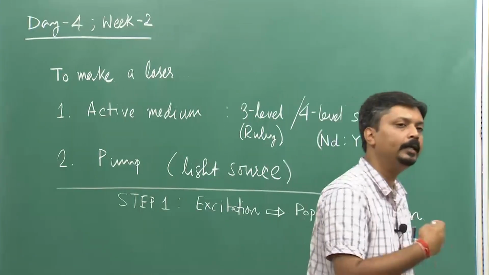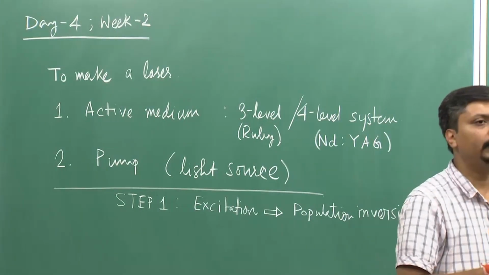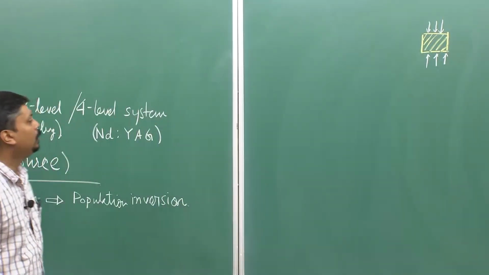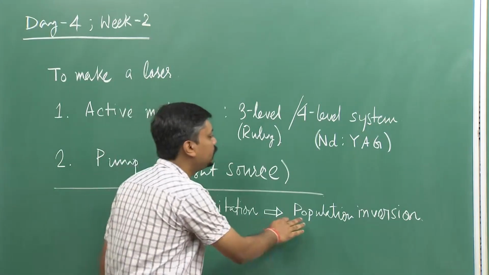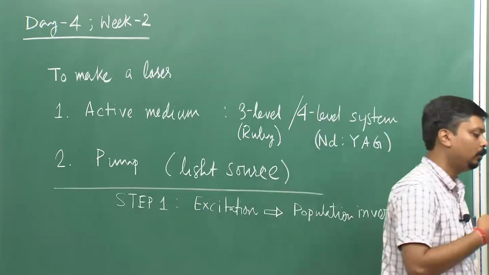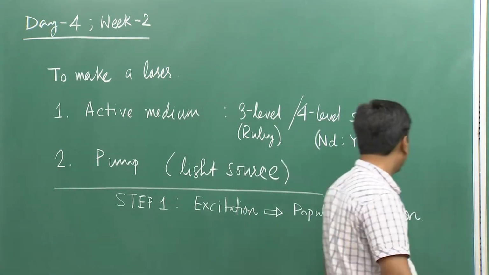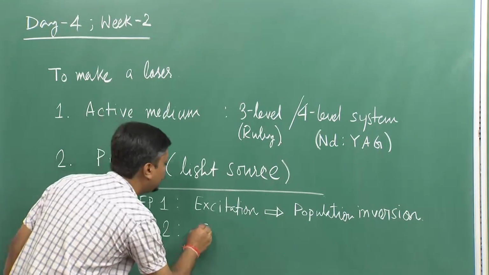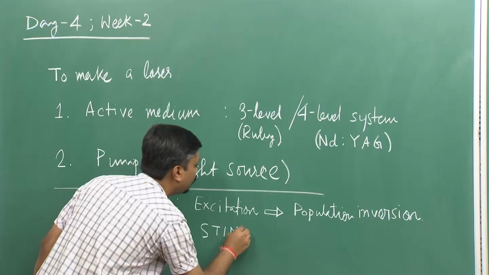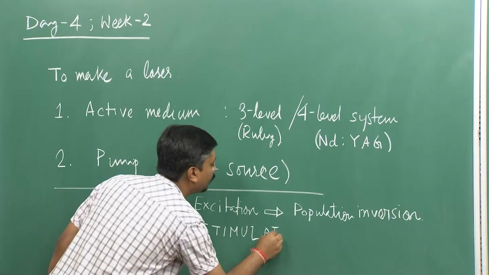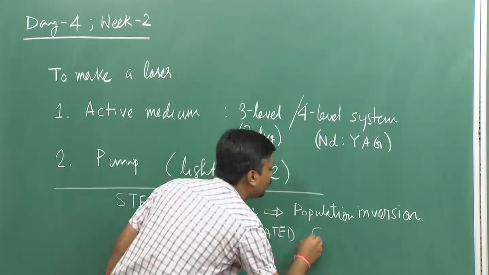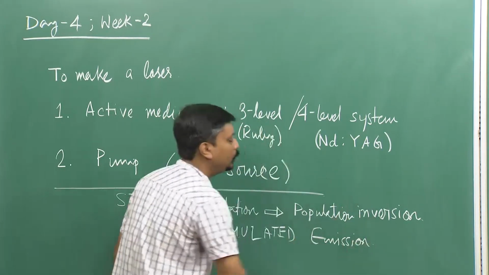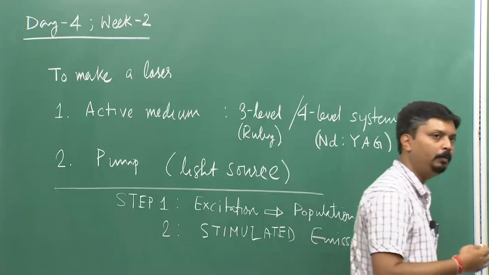I am just reiterating again and again, so that we are absolutely clear about the whole mechanism. Okay. So, once the population inversion is created, I need to create stimulated emission, right. So, second step will be stimulated emission. Now, the question is how the stimulated emission will be created.